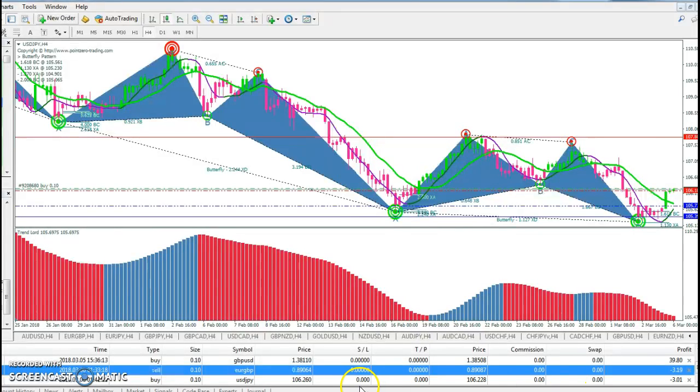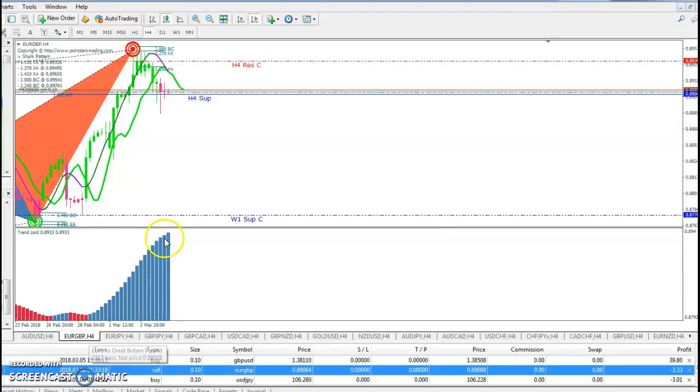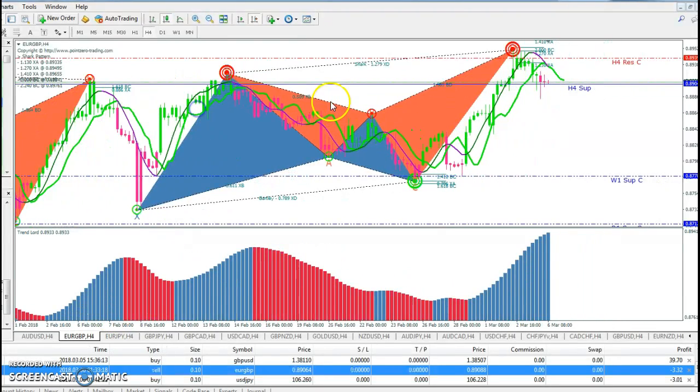I also entered one on Euro Pound. Same thing. We have a pattern that's formed. I have a super dot. Price has gotten below the 4 moving average.